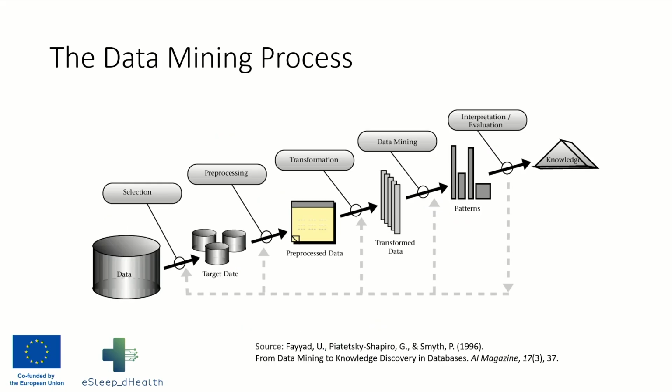Yes, and this was the first part of the lecture. Now we will look at the step-to-step guide that I promised in the beginning. And this is what we call the data mining process. You can see that there are 5 steps for now. And the start of this process is the data itself.